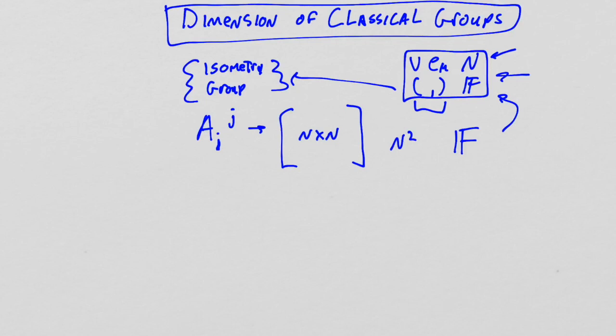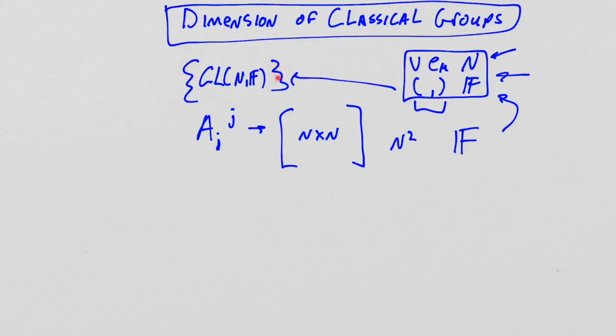So in principle, there are n squared elements, and you could say, well, let's forget that it's an isometry group. Let me back off of this. Let's just say that it's the group of all possible matrix transformations. So this is GL(n, F).